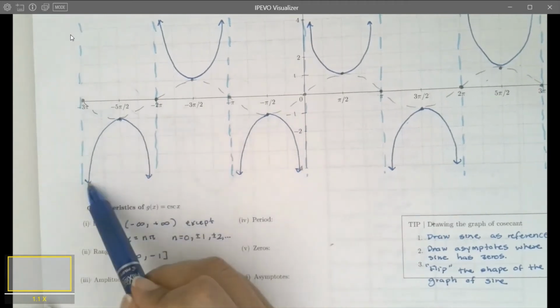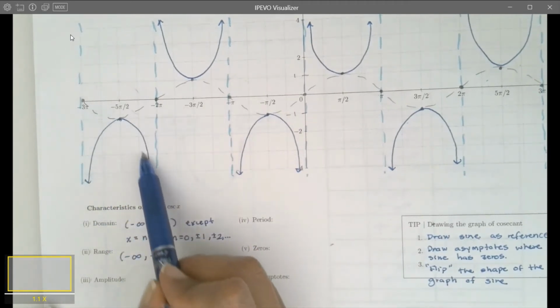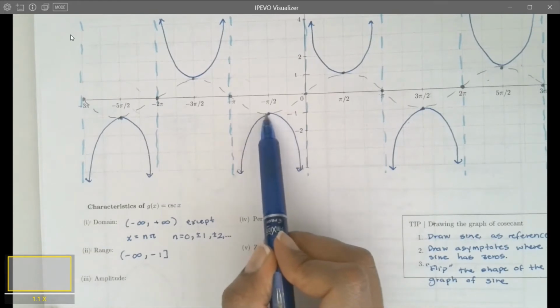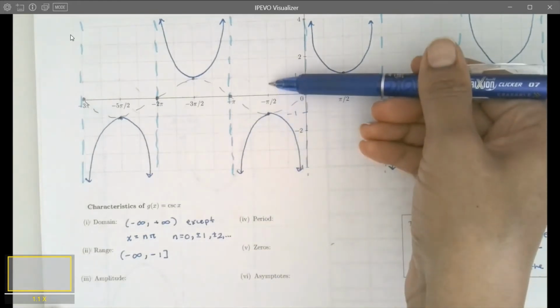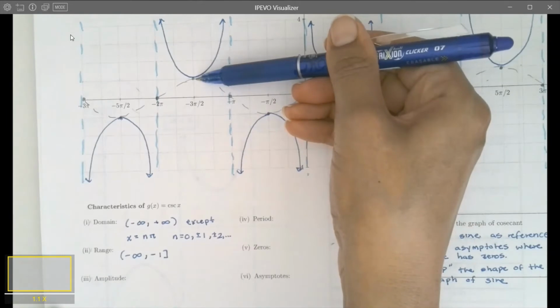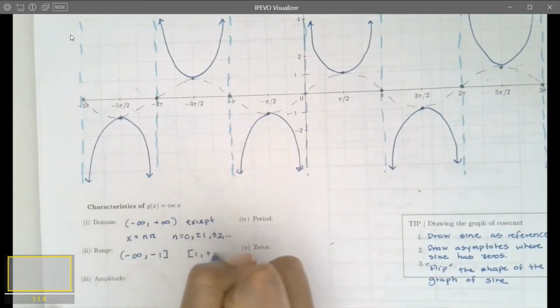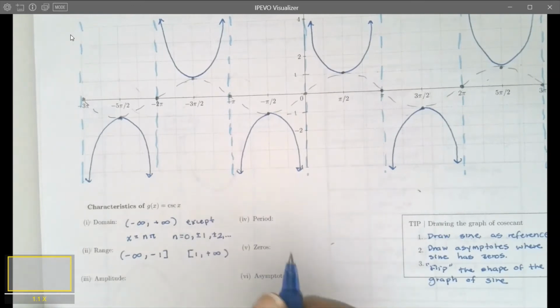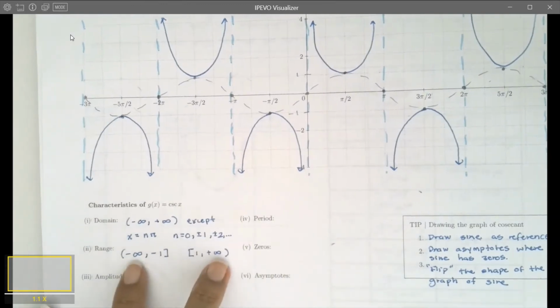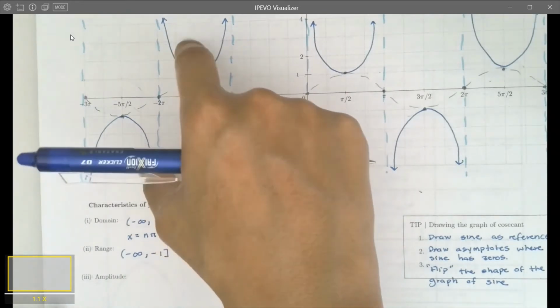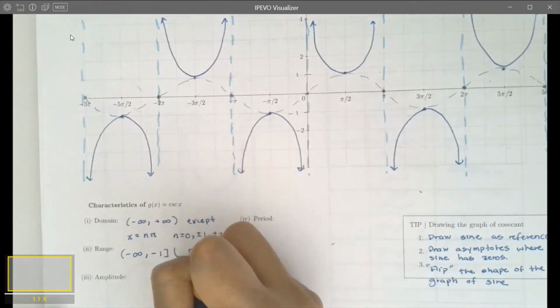But after that, there is nothing until we reach 1, and then out to infinity we start seeing the graph again. So because we have two disjoint areas in which the graph exists, we actually use union.